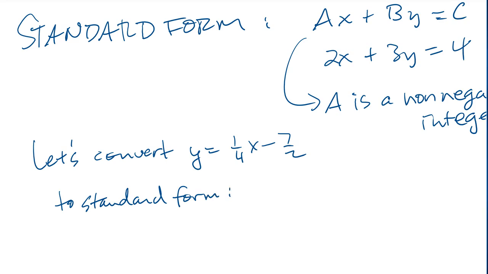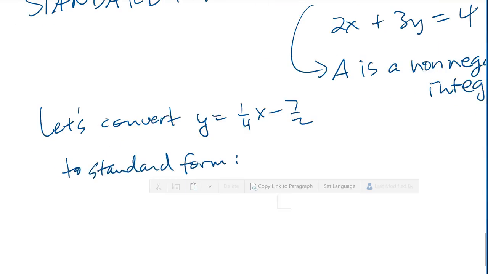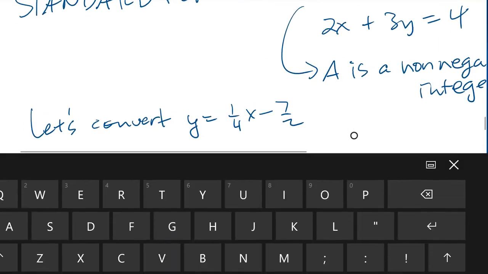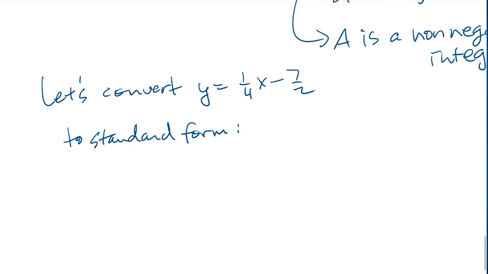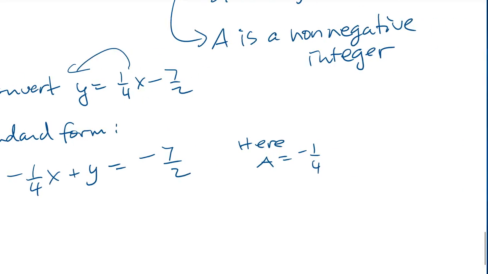So what you need is the constant on the right. So we're going to keep the 7/2 on the right, and I'm going to move the 1/4 x to the other side. So I'm going to subtract 1/4 x from both sides. Now here a is negative 1/4, and it needs to be a non-negative integer.